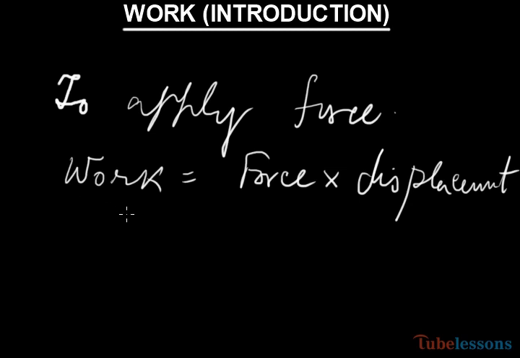So in spite of application of force, no work can be done if there is no displacement of the point of application of force. Say there is a heavy body and you are applying force on this body.